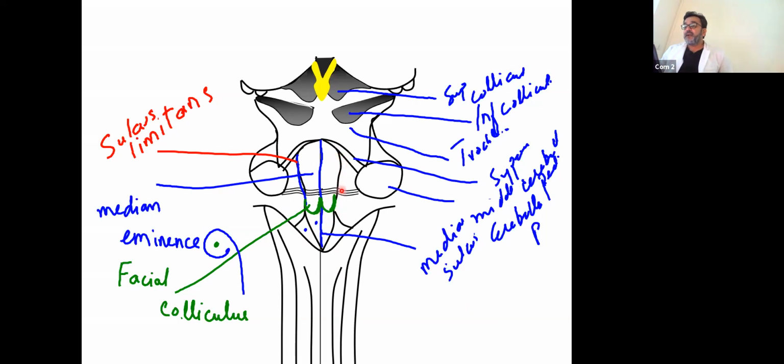The lateral limit of the median eminence is called sulcus limitans. This area which you see laterally is the vestibulocochlear area. So in the posterior part of the lower part of the pons or the upper part of the medulla, you would see the vestibulocochlear area which is lying laterally.